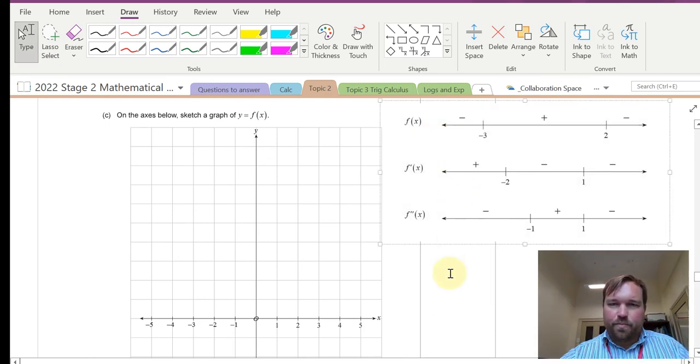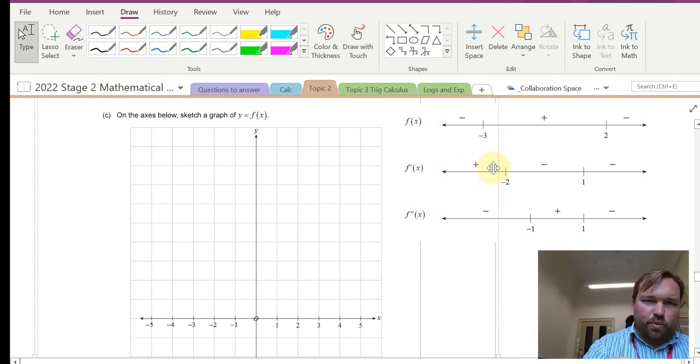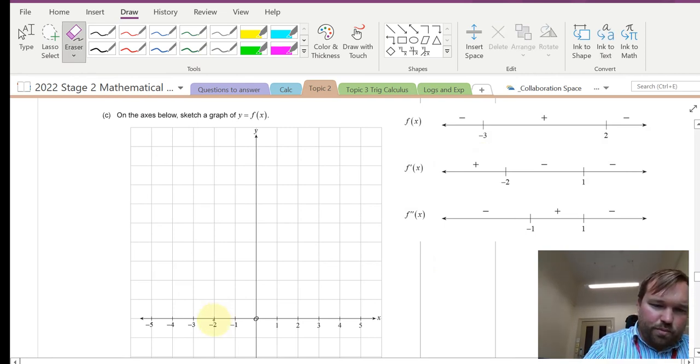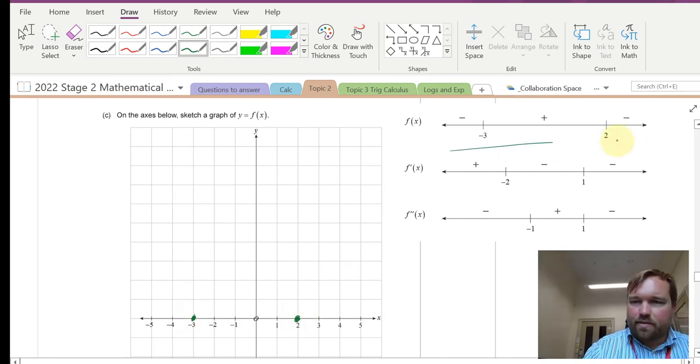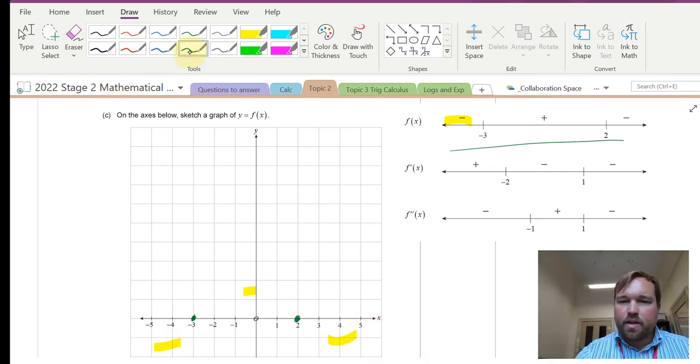Alright, so minus 3 and 2. The graph goes through these 2 points. They give an indication of where the graph is. We're going to be in this region, then here, then here. Alright, so that's our 3 points.